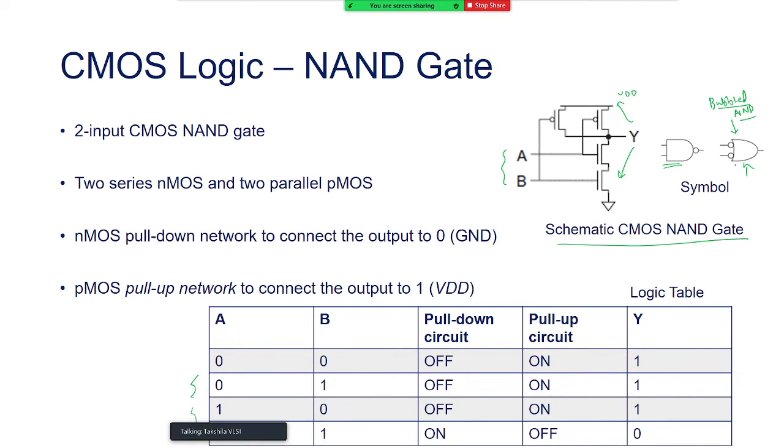So, summary: 2 series NMOS and 2 parallel PMOS gave us NAND logic. NMOS was our pull-down network, responsible to pull down the output to ground when the switching happens. The PMOS network was our pull-up network, responsible to connect the output to logic 1.